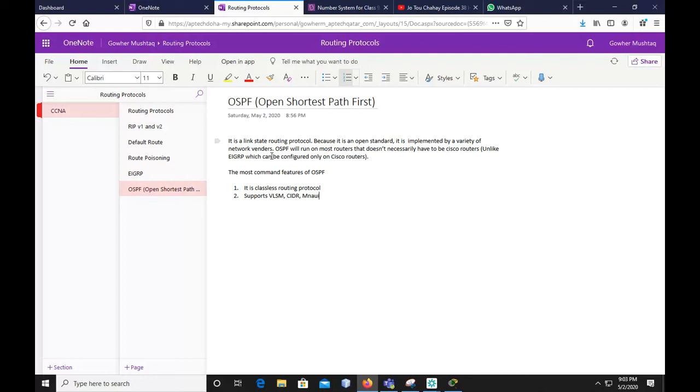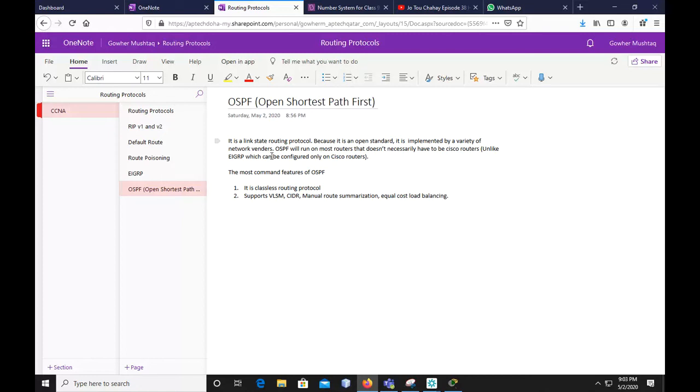It supports manual route summarization, but I will tell you later on that it's not for every router. This is the drawback. It also supports equal cost load balancing, but only equal cost, and there are conditions.